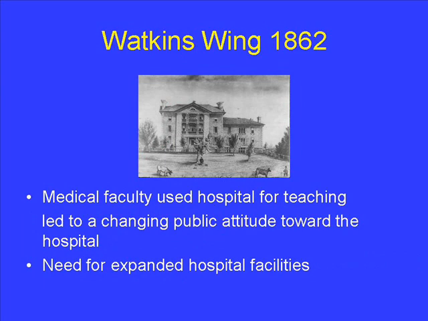Now, over the next 30 or 40 years, there were a number of events that occurred that really led to the transformation of the role of a hospital from a charitable institution to an active treatment hospital. And these changes began slowly, and they evolved slowly over that period of time.